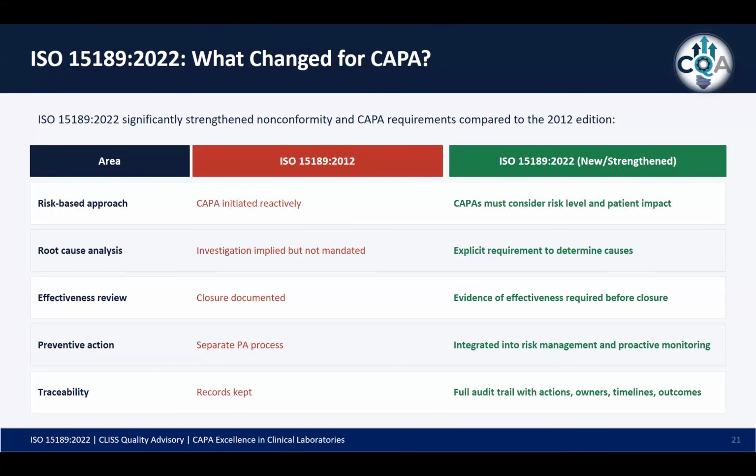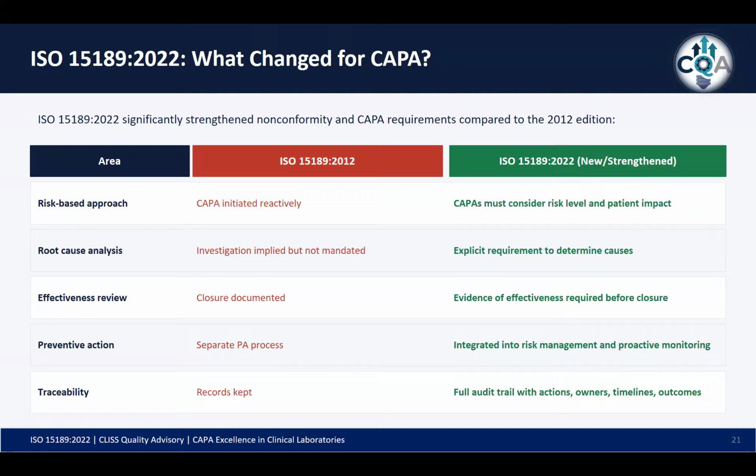I think we've said this over and over, and we'll continue saying it. In terms of the 2012 version, the CAPAs were initiated reactively, but the encouragement now is that we consider the risk and the impact on the patient.